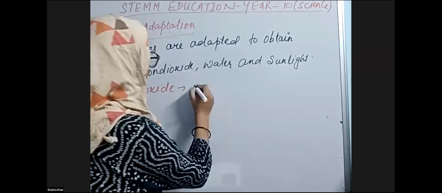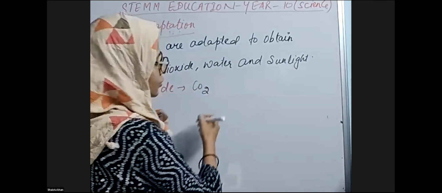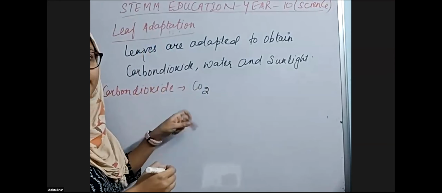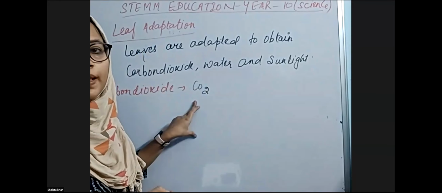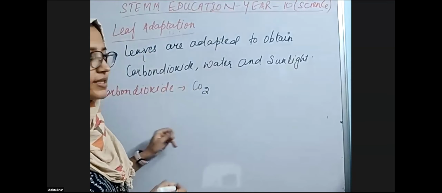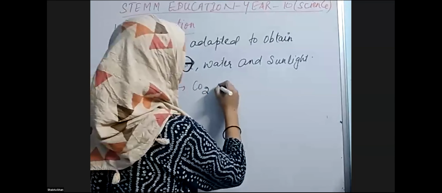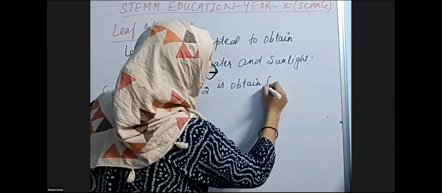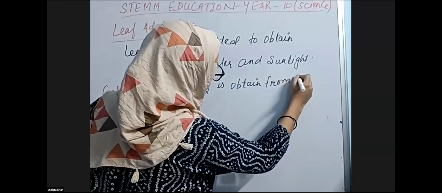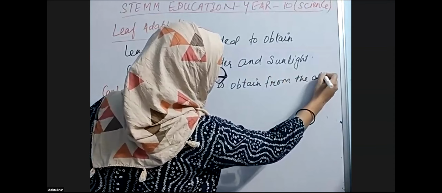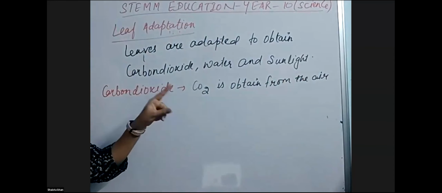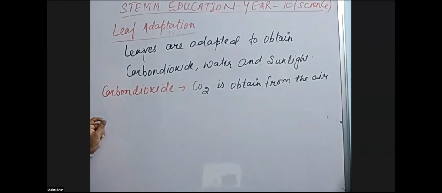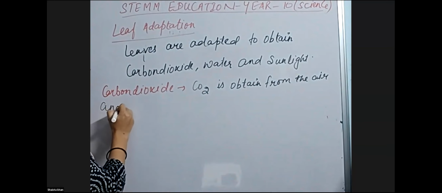I hope you understand what CO2 is. CO2 is the chemical formula of carbon dioxide. Carbon dioxide is obtained from the air.